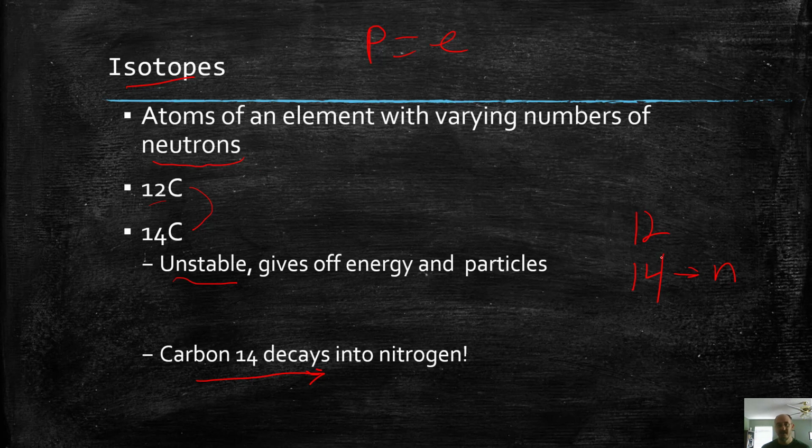So when we find some archaeological artifact or a preserved mammoth or something, we can look at the ratio of carbon-12 to carbon-14 in that organism, and we can tell how old it is, because carbon-14 decays into nitrogen at a rate that's predictable. So that's how carbon dating is possible. But isotopes are elements that have varying numbers of neutrons.